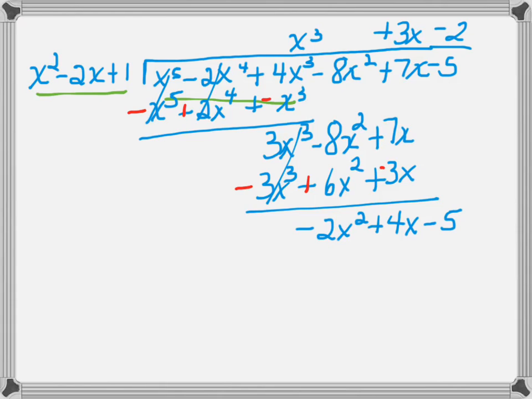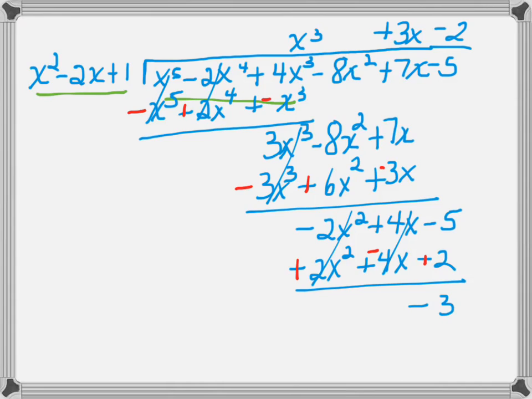Negative 2 times x squared is negative 2x squared. Negative 2 times negative 2x is positive 4x. Negative 2 times 1 is negative 2. We change our signs and add. The 2x squares cancel, the 4x's cancel, and we're left with a remainder of negative 3.